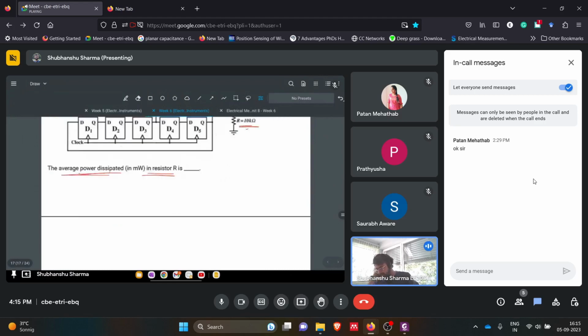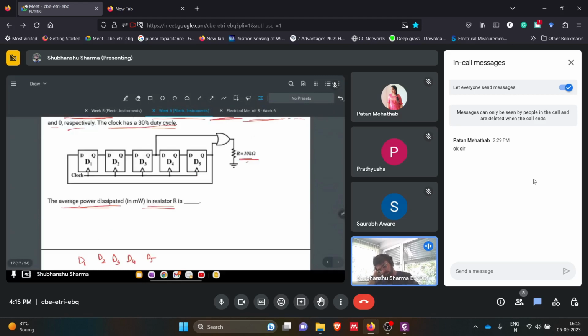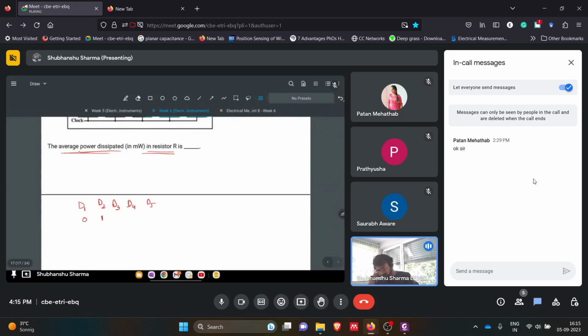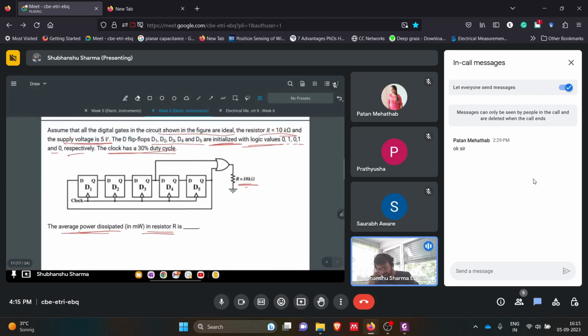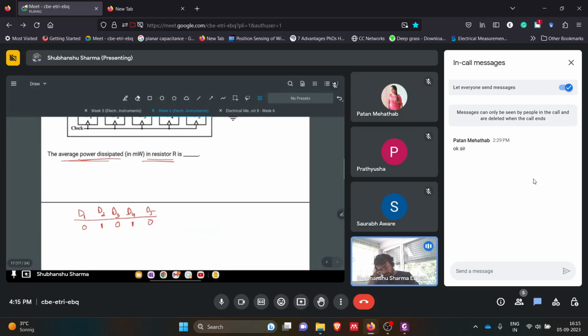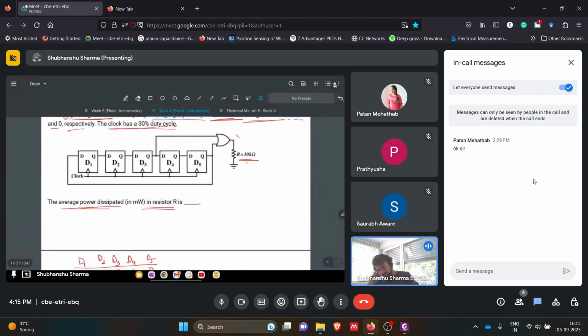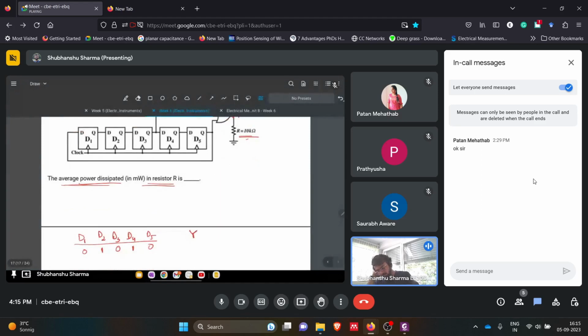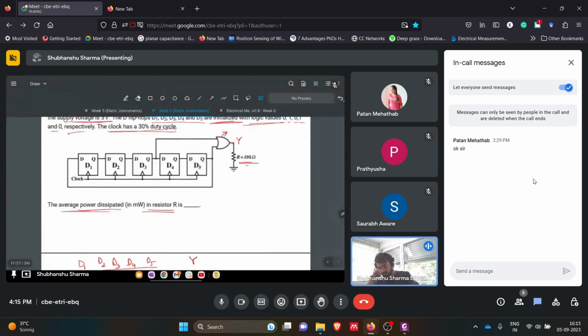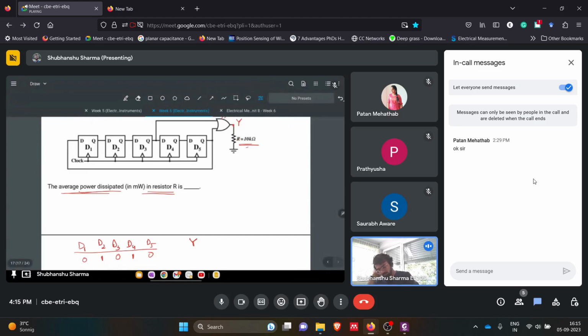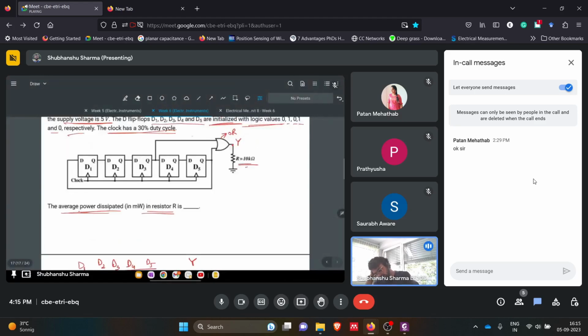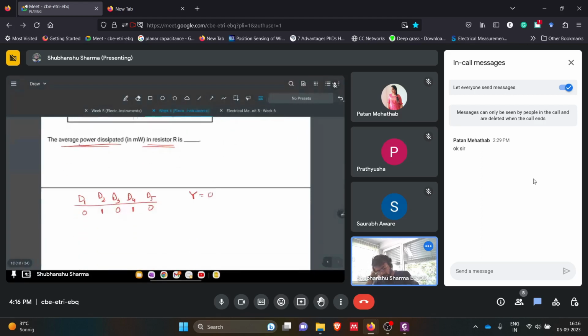For understanding, the initial states of D1, D2, D3, D4, D5 are 0, 1, 0, 1, 0, and let's say this will be Y. This Y is an OR gate, and it is getting Q3 and Q5 as its inputs. So Y equals Q3 plus Q5.